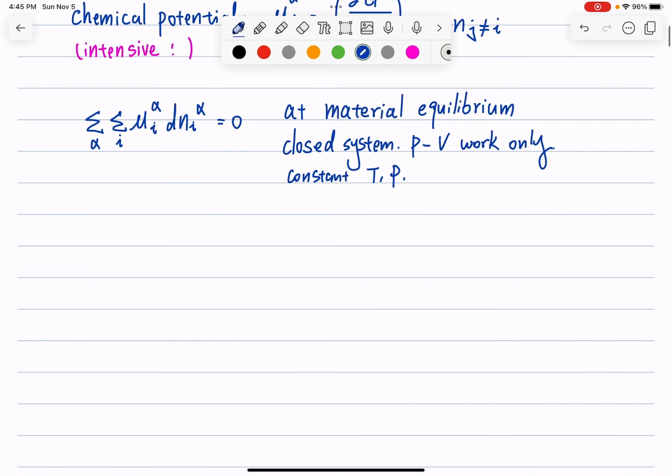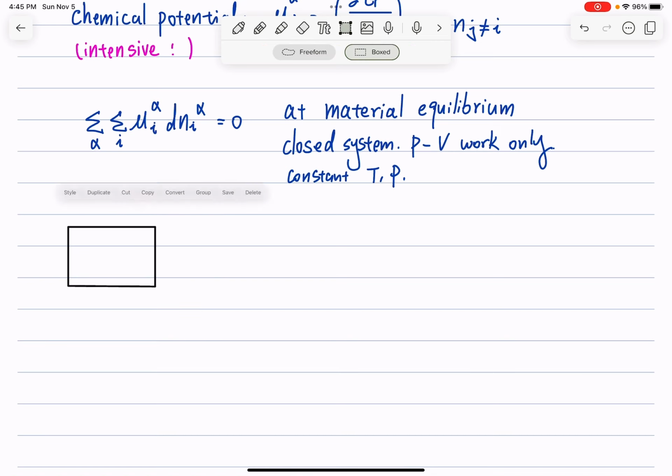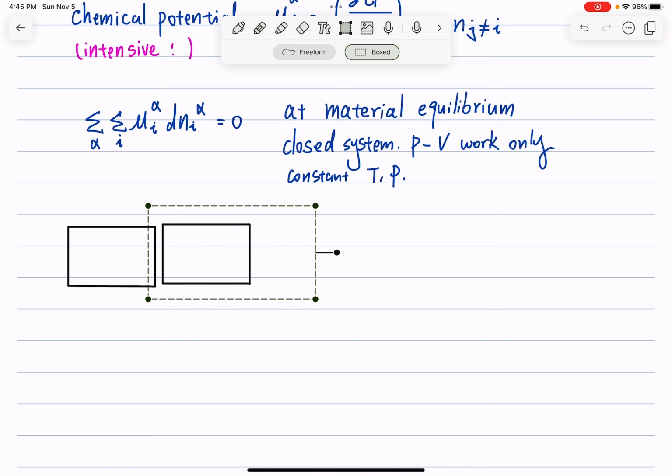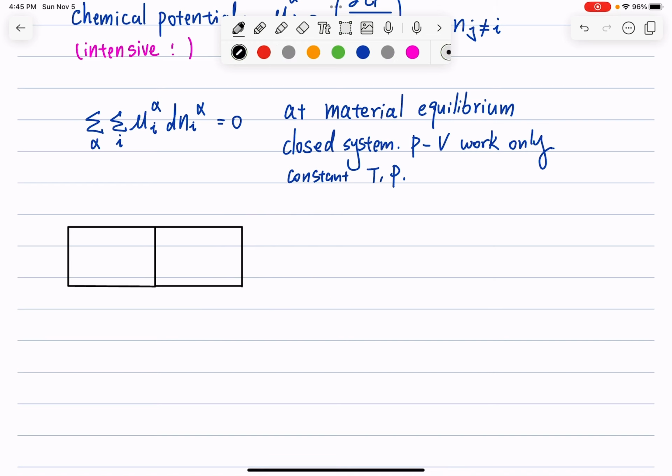All right, and other things we went over, like the nature of chemical potential as a property. Imagine you have two cylinders containing your substance J in different phases. Let's assume on the left-hand side we have mu_J^alpha, and on the right-hand side we have mu_J^beta.